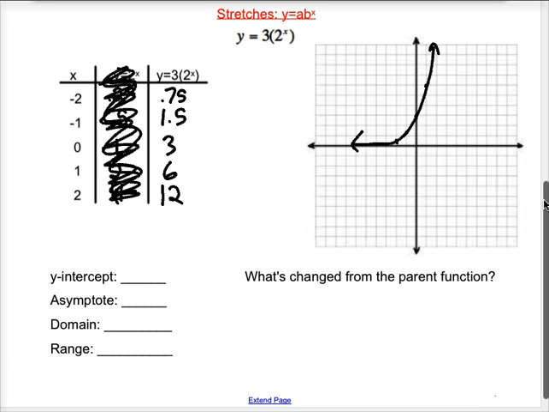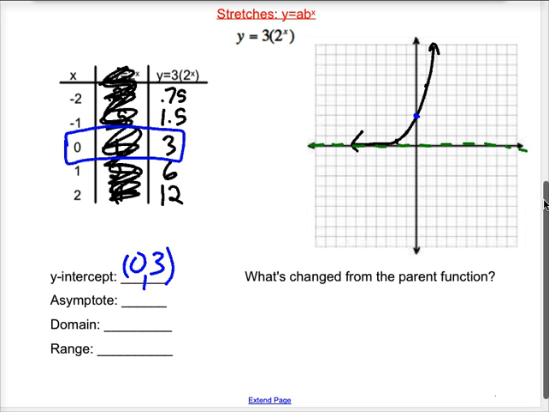Now, let's take a look at the pieces, the questions that we have. So, y-intercept, well, you can either look on the graph or in the table. The y-intercept is going to be at 0, 3. The asymptote, so where is it approaching?